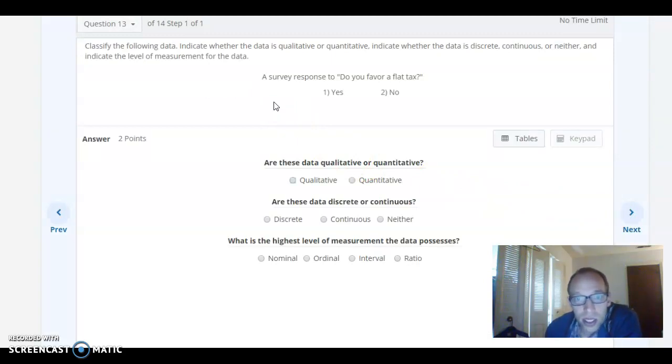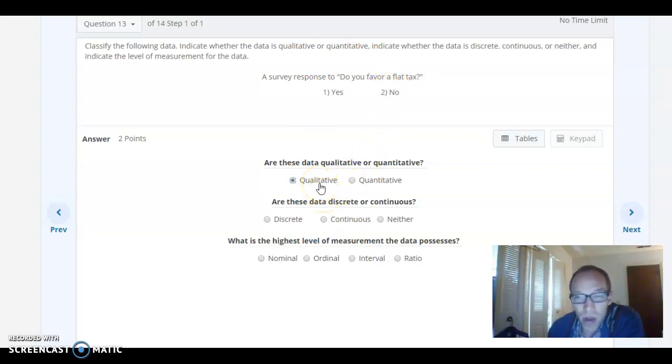Okay, these questions trying to figure out what kind of data we need. Anytime we only have two possible outcomes, that's going to be qualitative. As soon as we select qualitative, whether it's nominal or ordinal, either one of those would be considered qualitative. Nominal would be a category or a two possible value response, something like this.